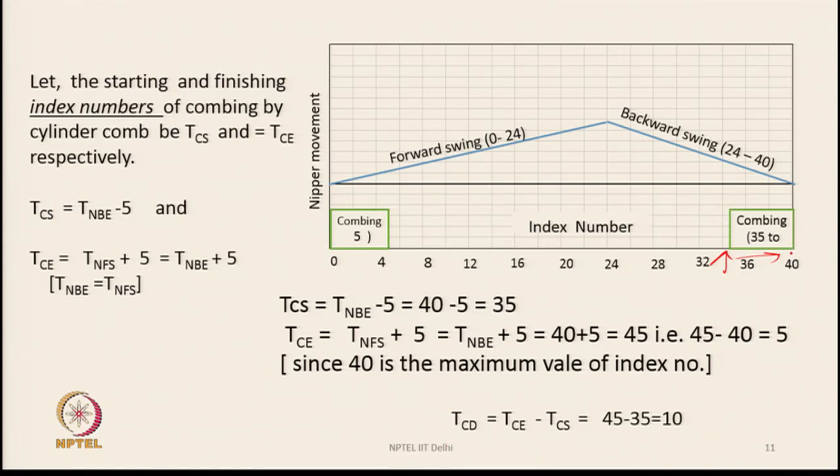So, 40 is here, that means this 40 is basically here also for the next cycle, and it goes on while the nipper is moving forward, and how far it goes? It goes up to 5. So, we see that the cylinder combing timing in the present situation is going to be from 35 to 5, which is equivalent to 10 index number. This is how the combing timing is set.